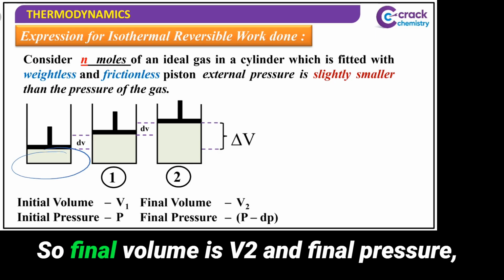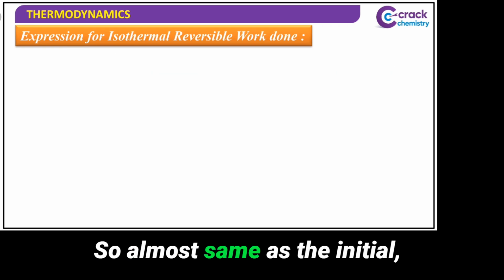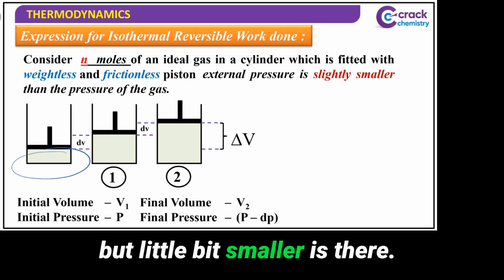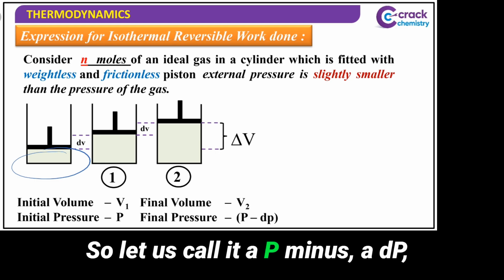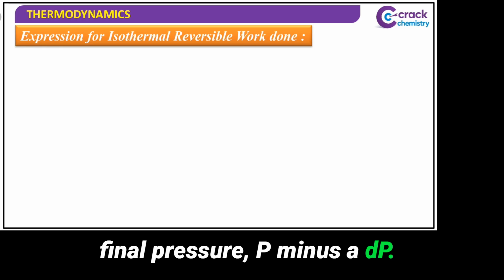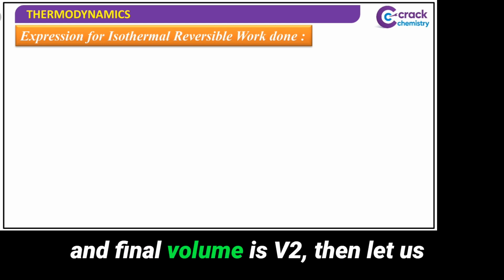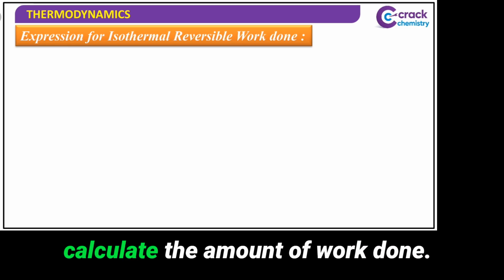The final pressure, as I told you, is a little bit smaller, so almost the same as the initial but a little bit smaller. So let us call the final pressure P minus dP. So the final pressure is P minus dP and the final volume is V2.